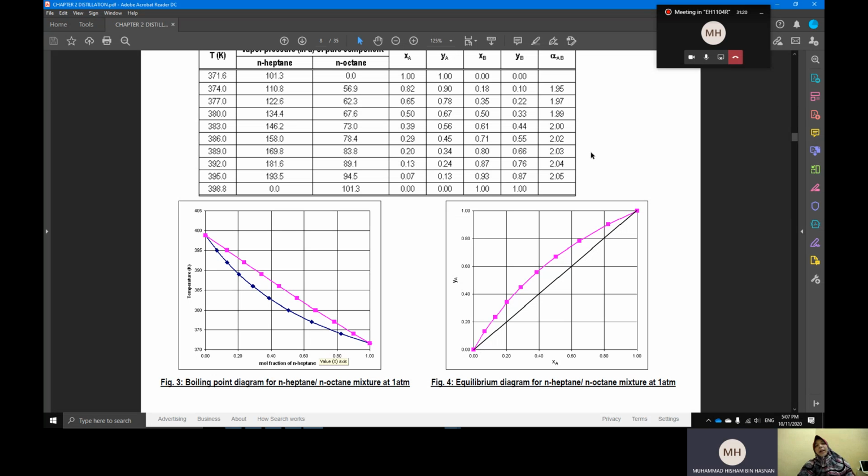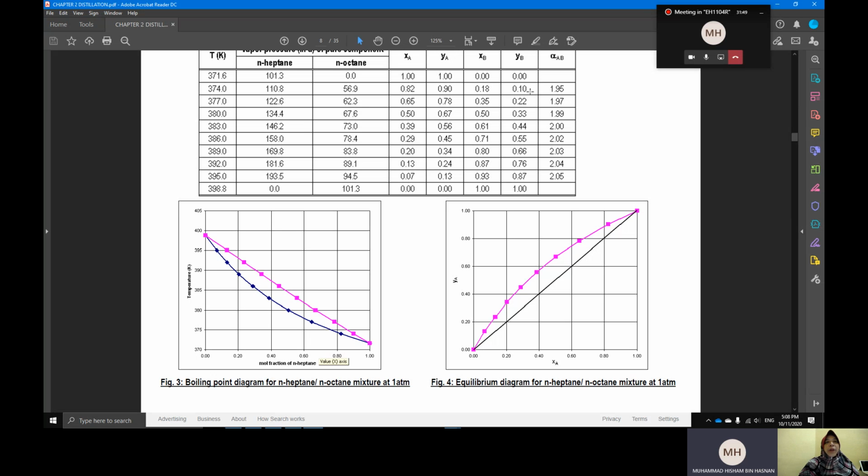Alright. So in this equilibrium diagram, the axis that you use represent the fraction. The mole fraction. For mole fraction, the highest value is 1. Contoh, XA plus XB, you get 1.